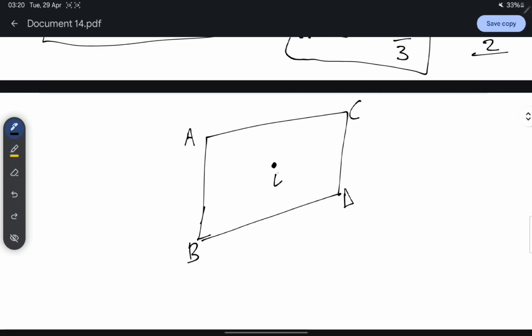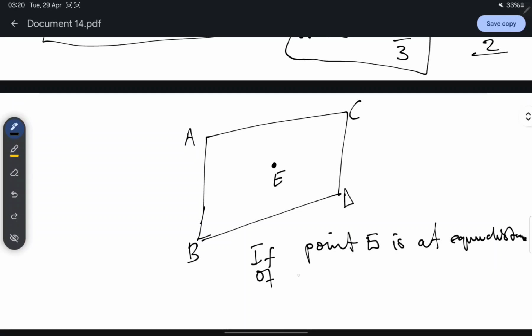Maybe it's point E. If point E is at equidistance of A and B, then AE is equal to BE, which means the distances are equal.